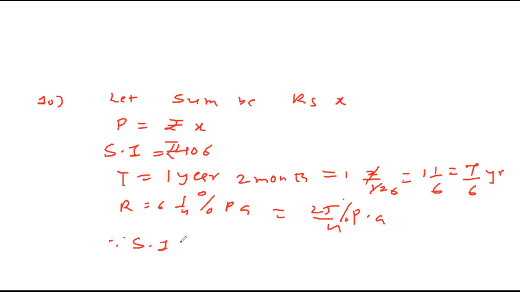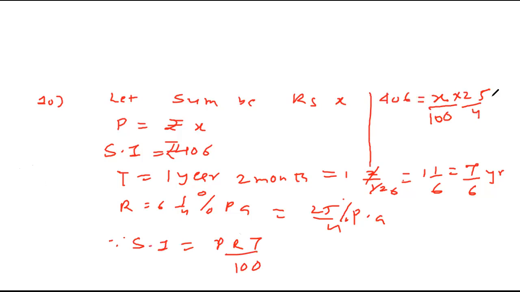Since simple interest is PRT upon 100, 406 equals X into 25 upon 4 upon 100 into 7 by 6. 25 into 4 is 100.